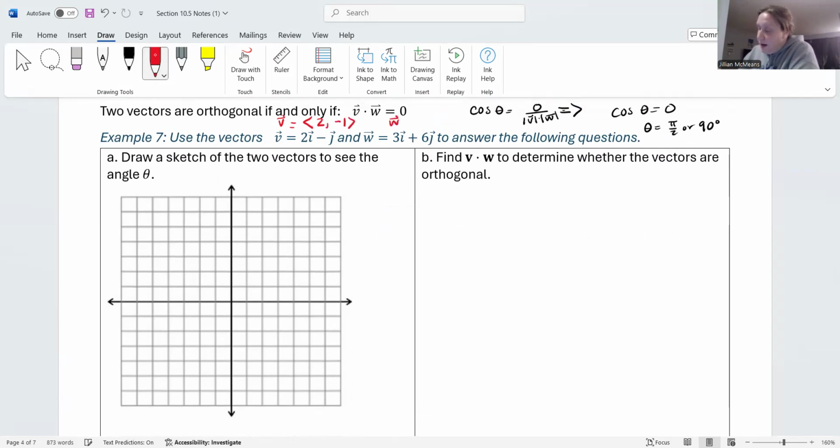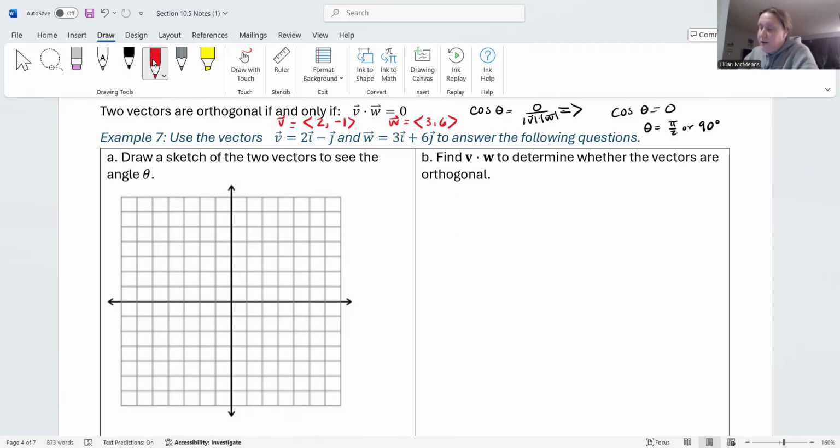And w has horizontal movement of 3 and vertical movement of 6. I just like that form better. For part A, it says draw a sketch of the two vectors to see the angle theta. We can't draw the two vectors and say they're for sure perpendicular, but we can get a really good idea. We probably need to do something more mathematical to verify, but starting with a sketch is never a bad idea.